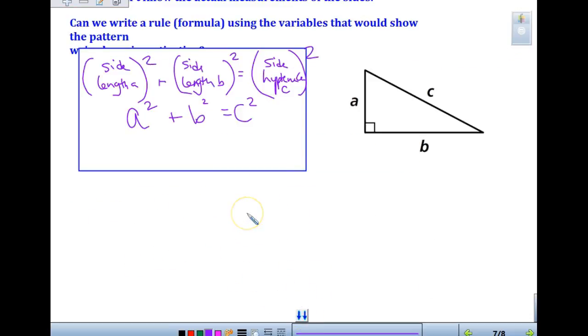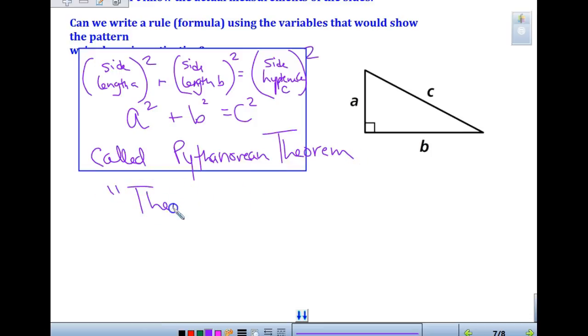Tomorrow we're going to get into another way of proving this. This is called our Pythagorean theorem. Tomorrow we talk about Pythagoras a little more. So this is called the Pythagorean, please write this down, theorem. And the only thing different about a theorem in mathematics is simply another name for a math rule.